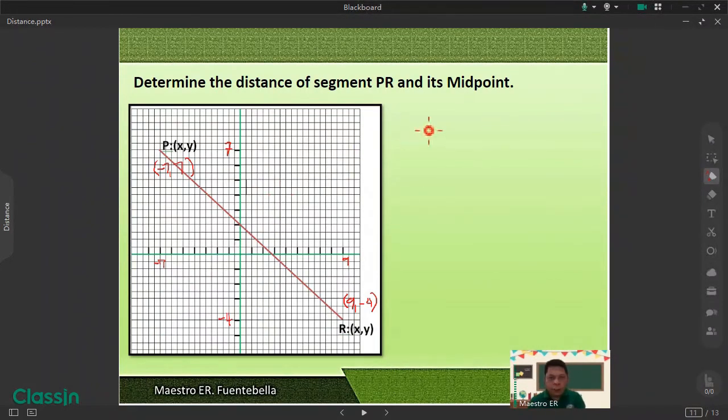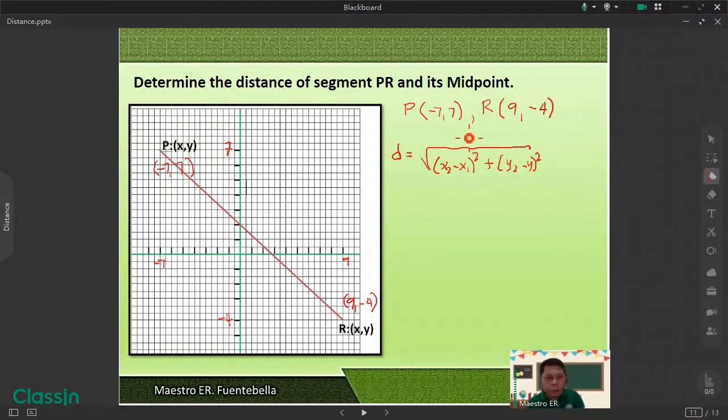So the distance, given the distance formula, where P is at negative 7 and 7, and R is at 9 and negative 4. So the distance formula is the square root of quantity x sub 2 minus x sub 1 quantity squared plus y sub 2 minus y sub 1 quantity squared.